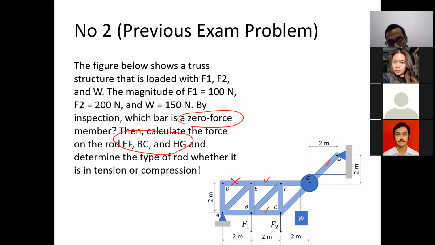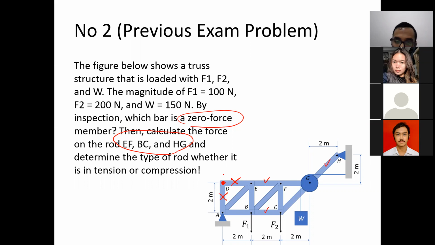What else? What is connected to DE there at the corner? AD. AD, yes, correct. So if DE is a zero force member, AD will be a zero force member, right? Sir, in AD, isn't there AY?